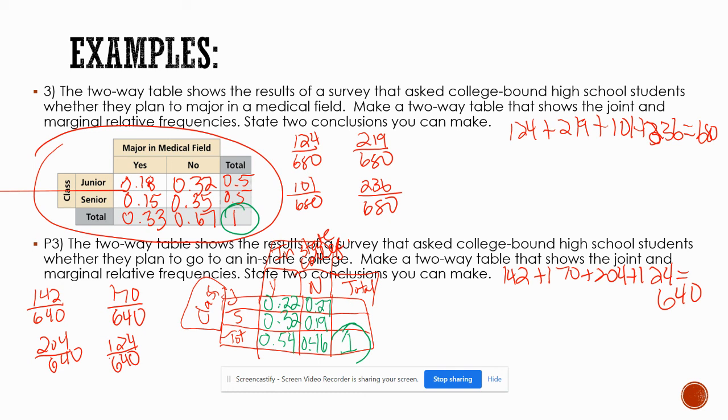Coming across this way, 0.22 and 0.27 is 0.49. 0.32 and 0.19 is 0.51. So just double check 0.49 and 0.51 add to 1, and they do. And so we are good. And those are the marginal relative frequencies.